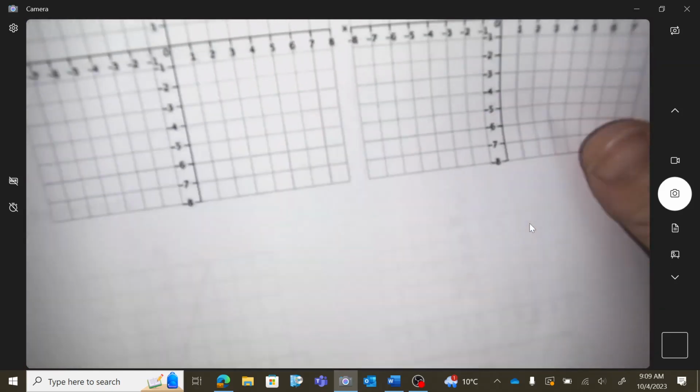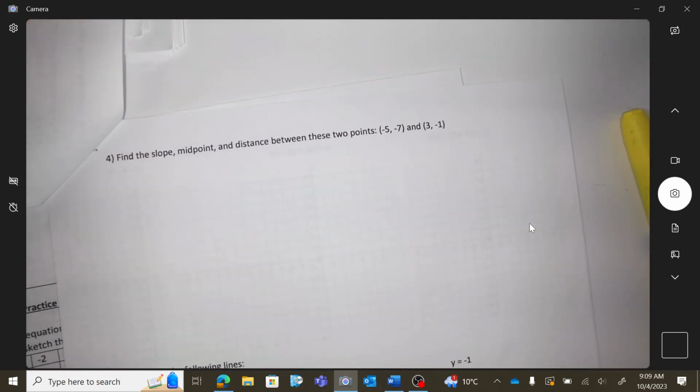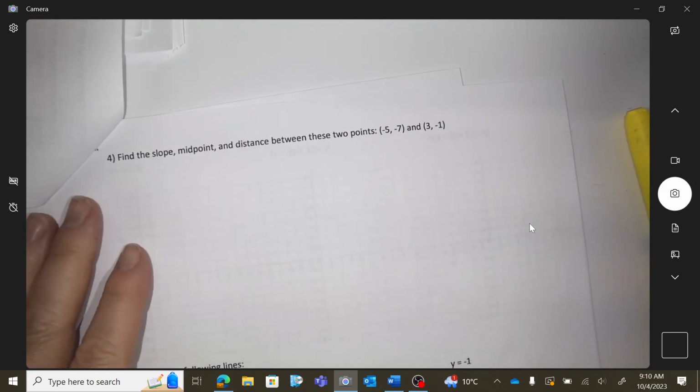Okay, number 4. Find the slope, the midpoint, and the distance. So you have 3 formulas, and you would have those formulas with you on the test. I will give you a sheet with those on there. Okay, so slope.